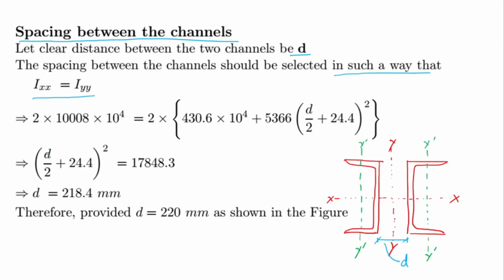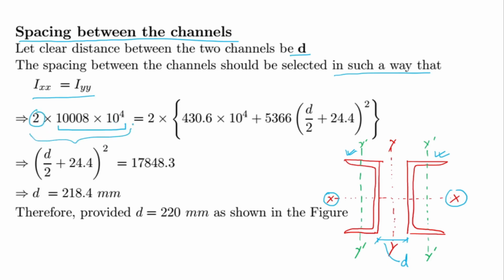To get the value of Ixx, see, this is the x-axis of the whole column, as well as the x-axis for the individual channel, for both right and left channel. So to get the value of Ixx, I have to just multiply the value of Ixx for the individual channel section, which is 10,008 into 10 power 4, by 2.